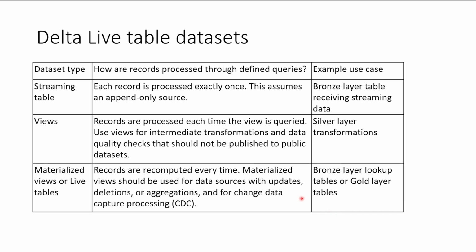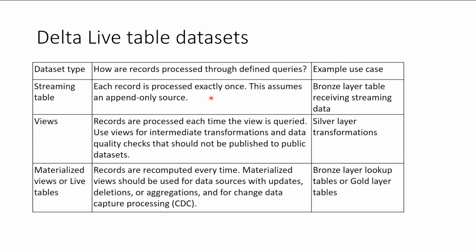Next is the Delta Live Table datasets. Delta Live Table datasets are the streaming tables, materialized views, and views maintained as a result of declarative queries. A streaming table is a Delta table with extra support for streaming or incremental data processing.